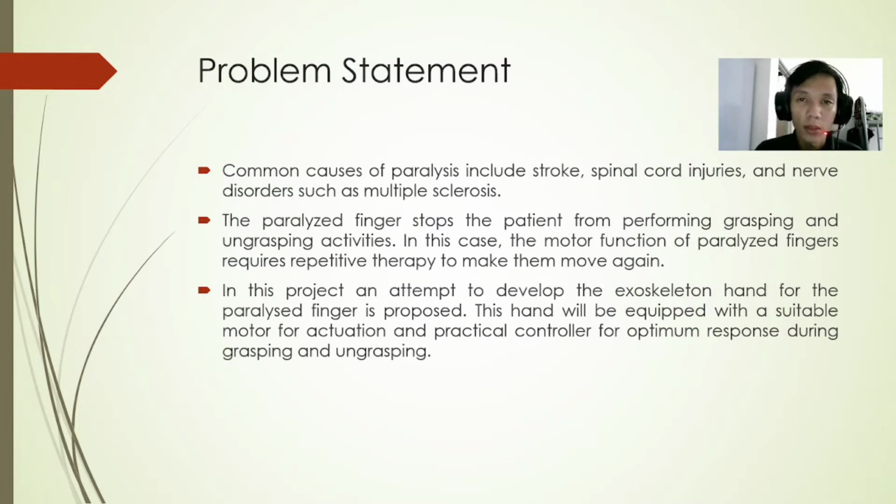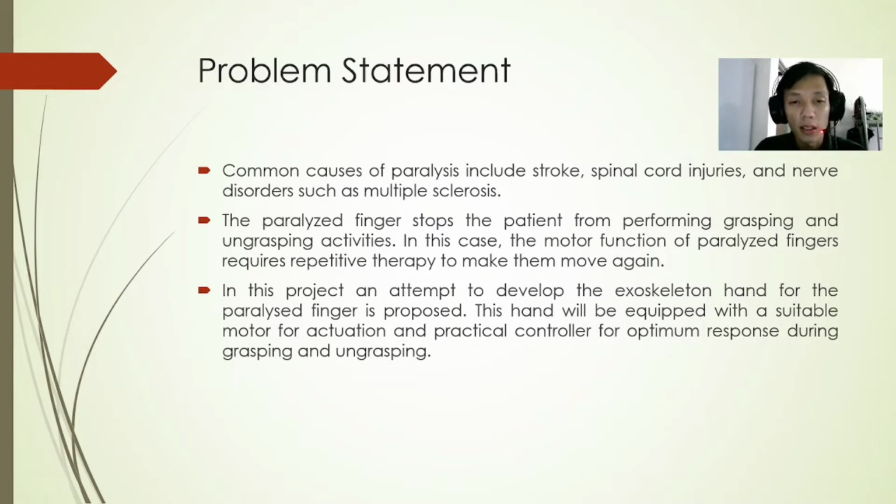My problem statement for this project is, first, common causes of paralysis include stroke, spinal cord injury, and nerve disorders such as multiple sclerosis. Second, the paralyzed finger stops the patient from performing grasping and ungrasping activity. In this case, the motor function of the paralyzed finger requires repetitive therapy to make it move again.